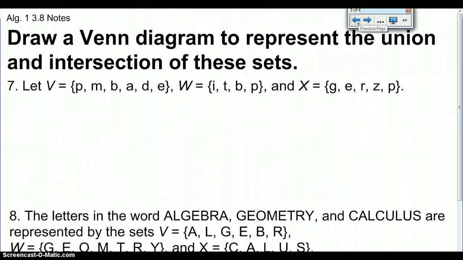So to number 7, draw a Venn diagram to represent the union and intersection of these sets. So we have V is equal to P, M, B, A, D, E, W is equal to I, T, B, P, and X is equal to G, E, R, Z, P. So the first thing we need to do, it says draw a Venn diagram.